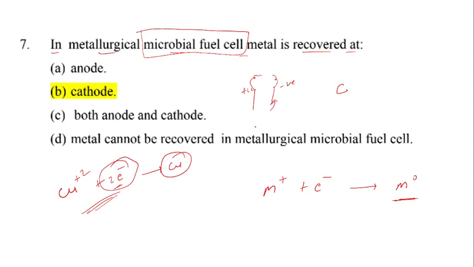Here at the negative electrode this reaction will occur, where any metal, since we are discussing metals, will gain 2 electrons and produce metal. This reaction occurs at the negative electrode, which is known as the cathode. That's why the cathode gains weight, and all these things we have already discussed in detail. So cathode is the right answer.